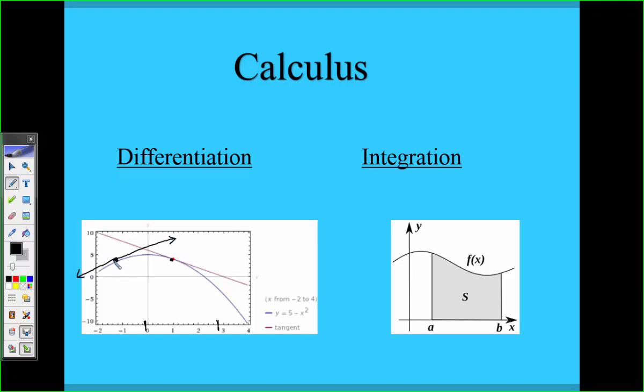The slope of this line is positive, whereas the slope of the line at x equals 1 is negative. So the rate of change back here is positive. It's increasing, whereas at x equals 1, it has a negative rate of change, or it is decreasing.